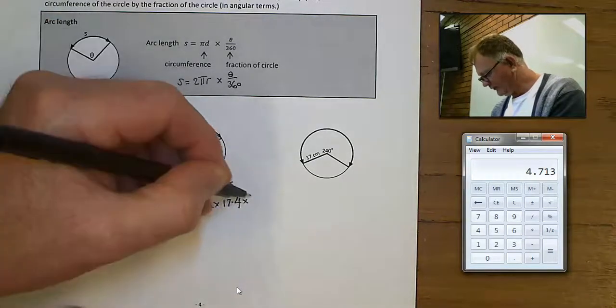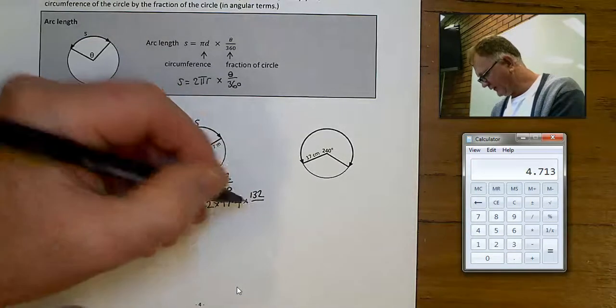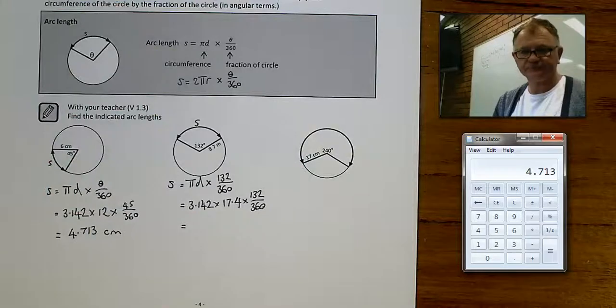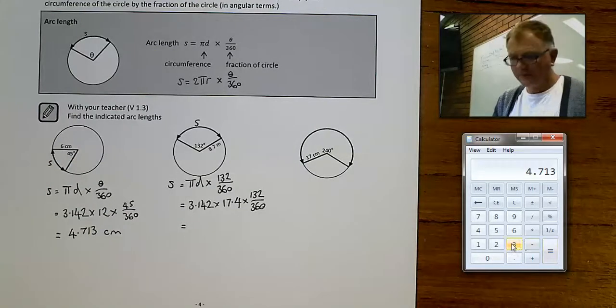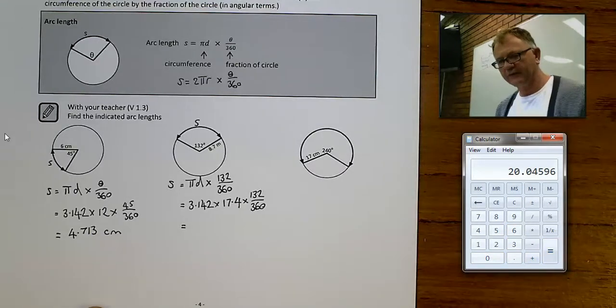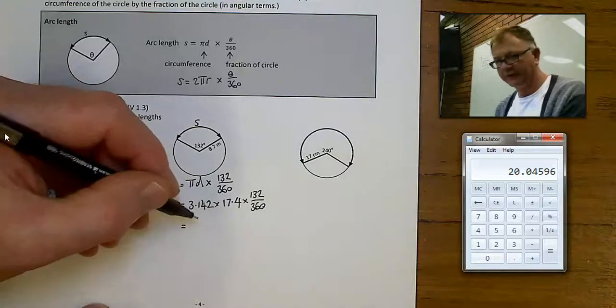Pi, 3.142, times diameter 17.4, times by 132, divide by 360. 20.046 to 3 decimal places.